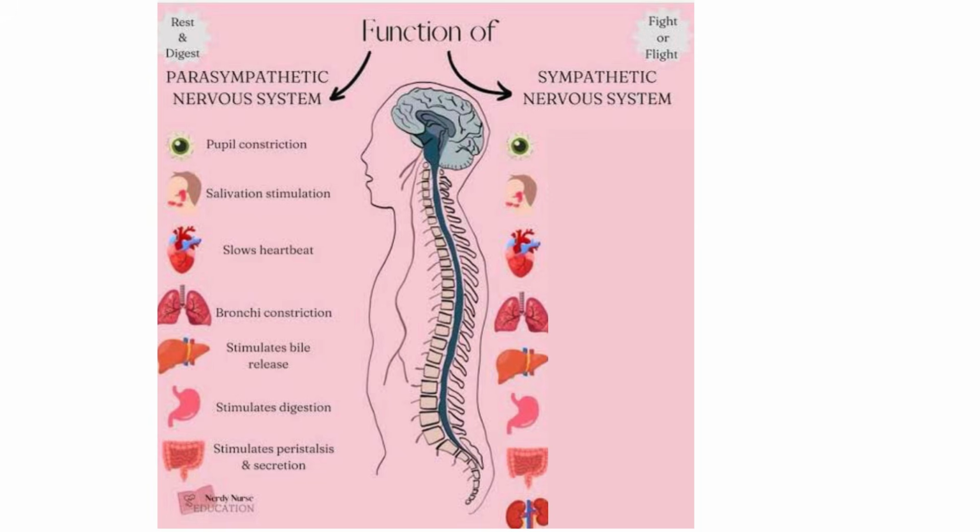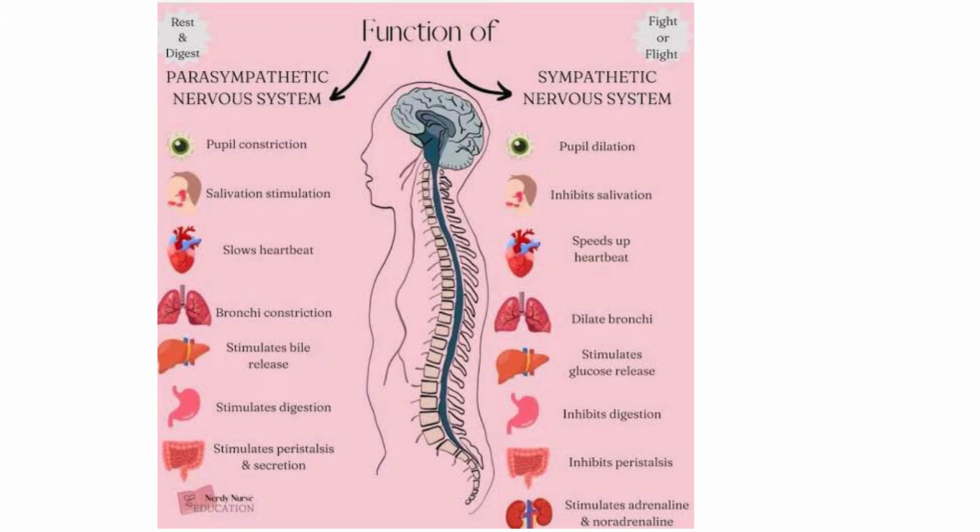All right, let's take a look and compare what you have written down with what we have. Now, the functions of the parasympathetic nervous system include: it slows down heartbeat, it dilates arteries, it constricts the bronchioles, it constricts the iris, it relaxes the bladder and anal sphincter, it causes the contraction of the bladder muscles, it speeds up gut movement, it lowers the blood pressure, and it stimulates the secretion of the salivary gland.